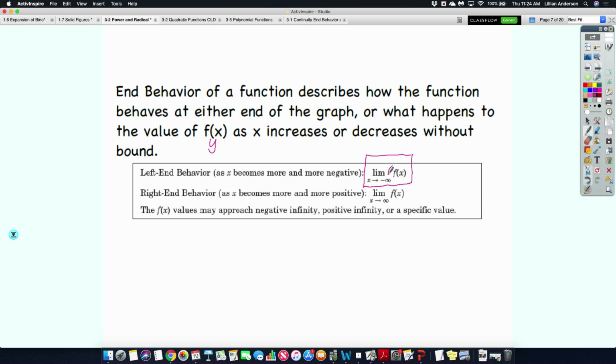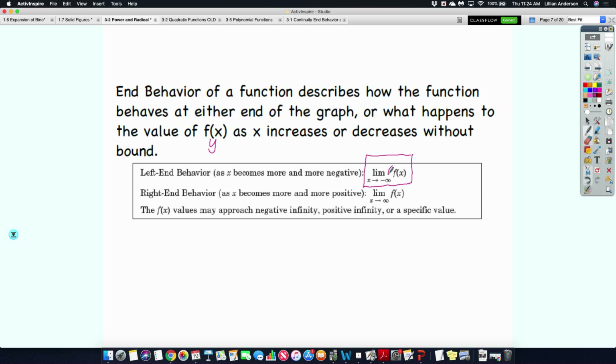Because if you think about it, it's a negative infinity on your left-hand side. Okay. So you have the left side of the graph, and you will have a right side of the graph, right-end behavior. The limit as x approaches infinity. So without bound, as x gets closer to positive infinity, what's happening to y? And it will either approach positive infinity, negative infinity, or a specific value.